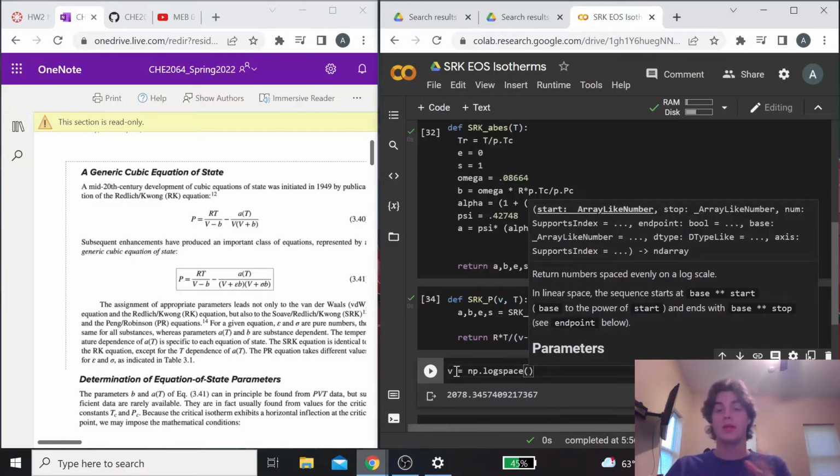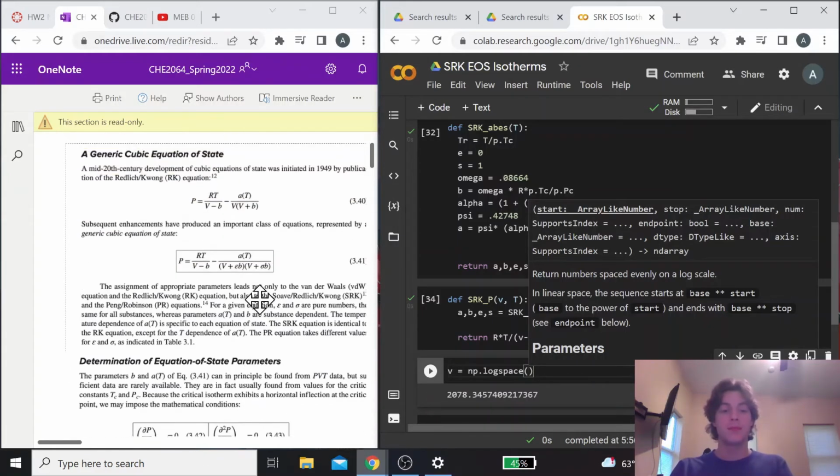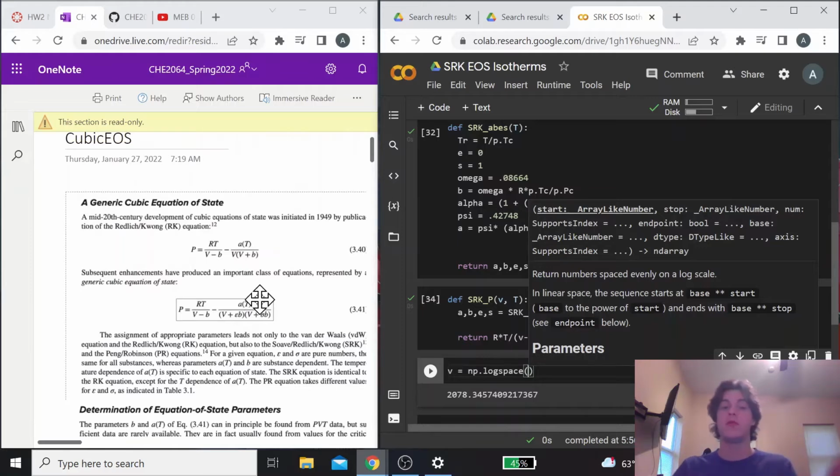So we need to figure out where we want to start graphing our equation, right? And we want the smallest volume possible. If you think about it, the smallest volume is 0, right? But if you try to compress gases down to 0, you can't. Each molecule has mass, and that is represented by our parameter B over here.